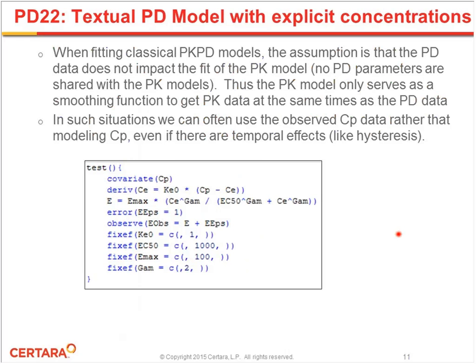All right, maybe first the answer to the second one, because that's the easier one. You can use the delay statement everywhere, for PD compartments as well as PK compartments. You just need to have a differential equation, and then you can use the delay statement within those. The math is completely different. The effect compartment uses a differential equation to come up with a KE0, a first-order rate constant.